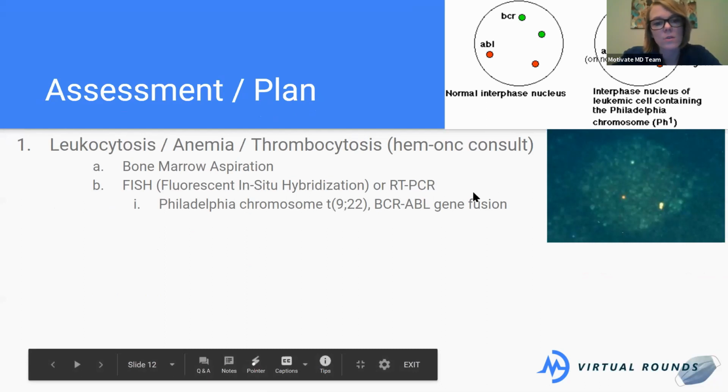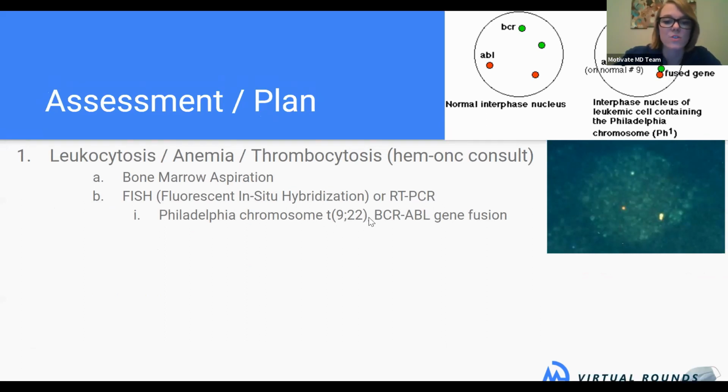And so what we're going to look for is this classic translocation. The way that we write this is a T, and then in parentheses, 9 and 22. What it means, as the image in the upper right-hand corner is demonstrating, is that part of one chromosome and another, 9 and 22, have essentially traded parts.